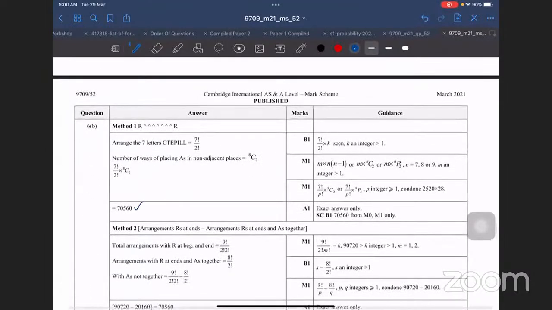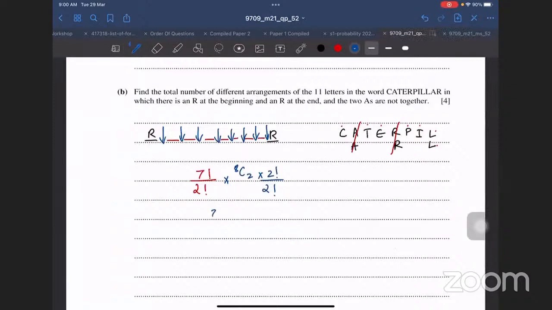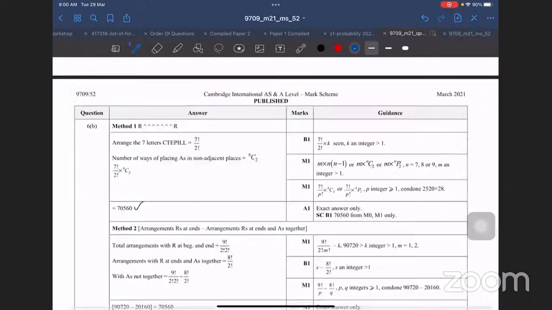Yes, that's the correct answer. 70560. The marking scheme would tell you alternates, where you can put A at the end, A at the start, and then... I can't scroll this.